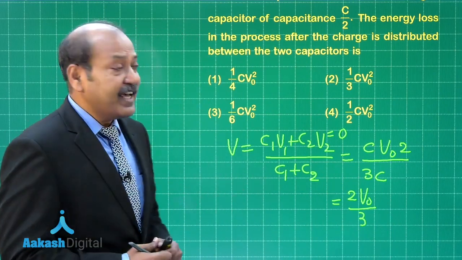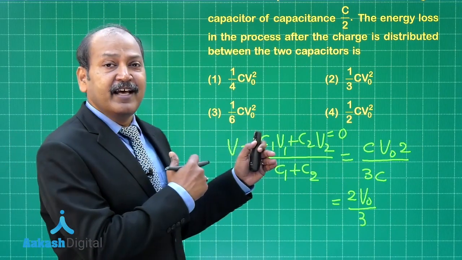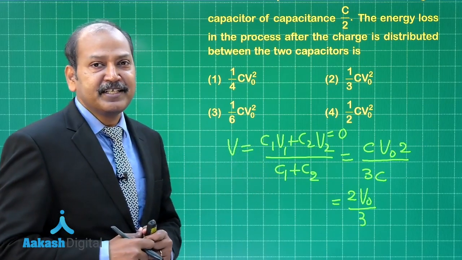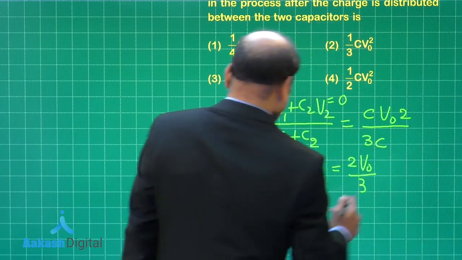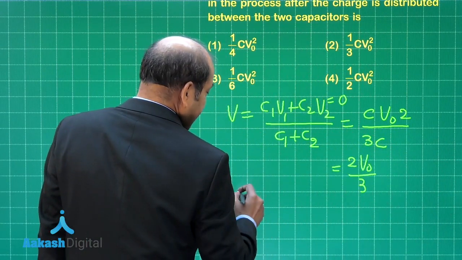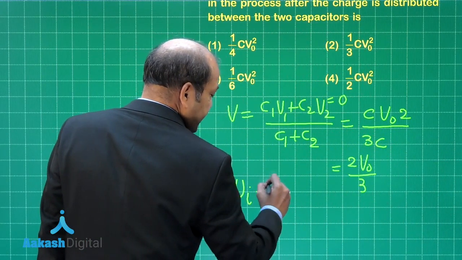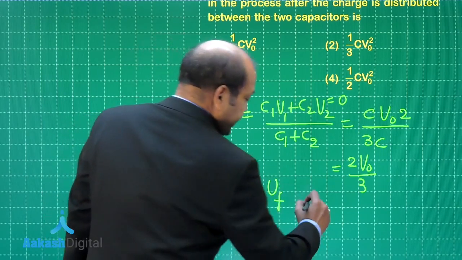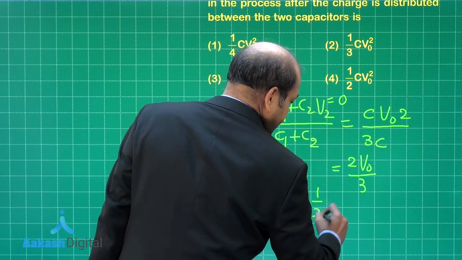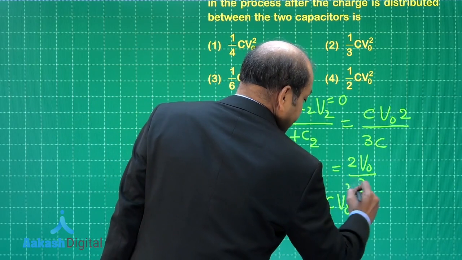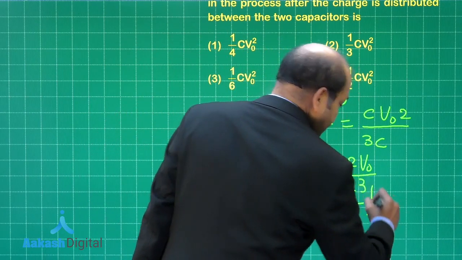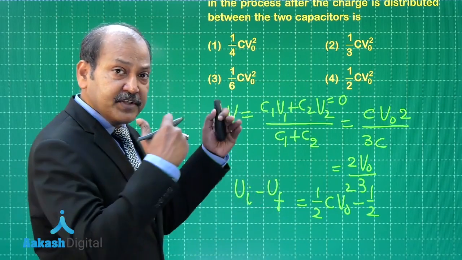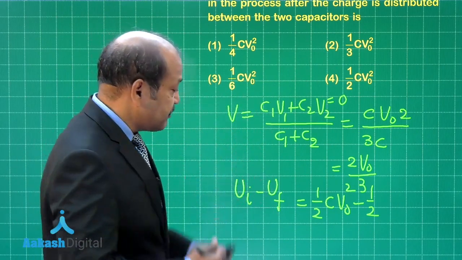The loss in the energy is initial energy stored minus final energy stored, and the expression then we can give as the loss in energy as initial energy minus the final energy. The initial energy is half C V naught square. The final energy is in fact half. The total capacitance becomes C plus C by 2 or 3C by 2.